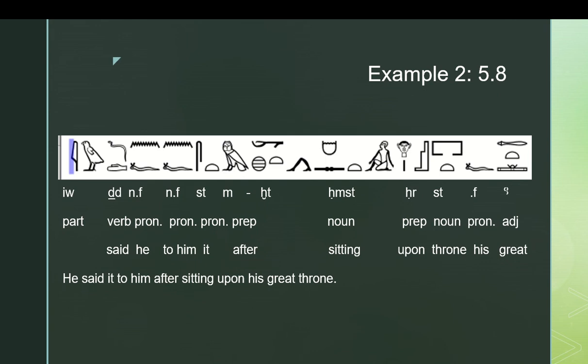Emchet is a preposition that is governing our infinitive. So it becomes after sitting. Cher setef upon his great throne. Context would determine whether he sat down on the throne, got up, and then said something, or if he sat down, got all good and settled, and then gave his speech. And also, I bet you anything that he is the king here.